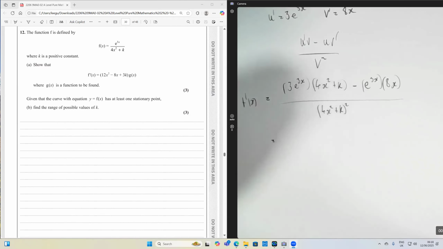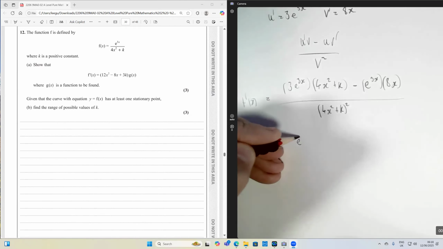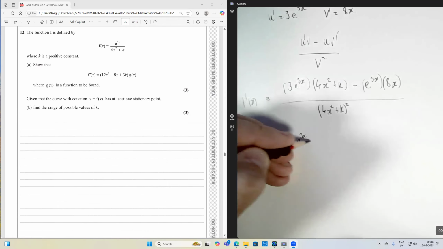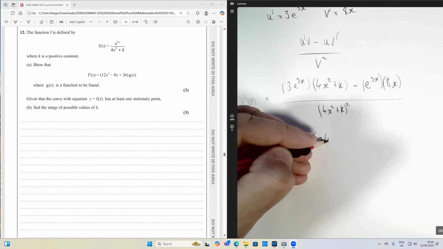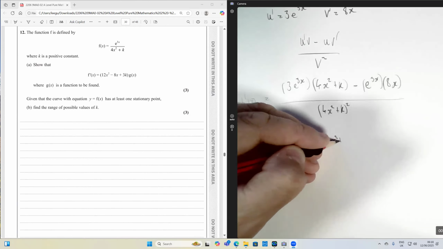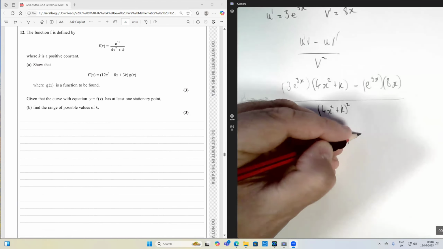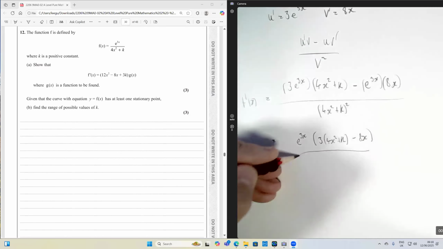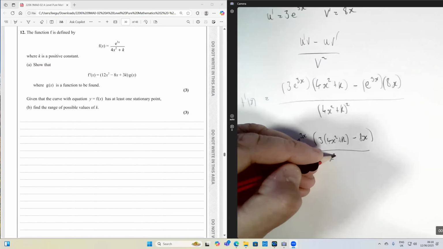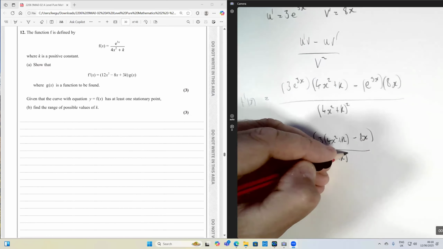Well, from here we can take out a factor of e to the 3x in the numerator, which is going to leave us with 3 times 4x squared add k minus 8x, all over 4x squared add k all squared.